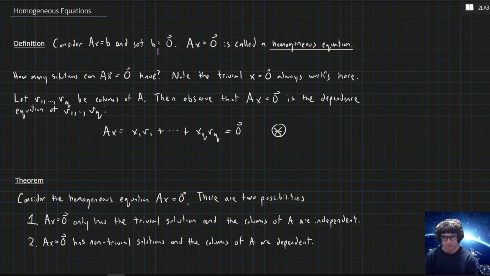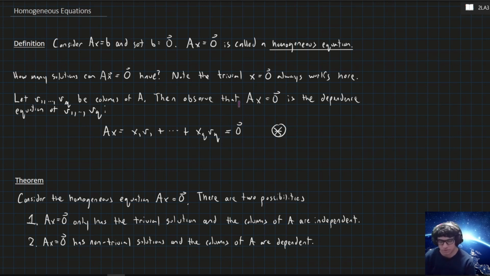We can ask, how many solutions does Ax equals 0 have? First of all, note that we always have the trivial solution to this equation. If I just set x equal to 0, then A times the 0 vector is going to equal the 0 vector, no matter what A is. So there's always at least one solution.